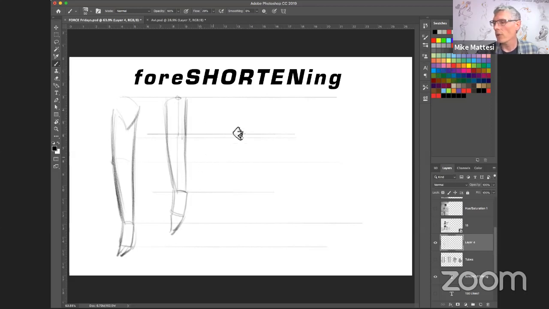Now, I don't even have the reference of the body here, right? But if I did, that would make it even more clear because I would have something to relate to. So I can now say, I'm going to put the elbow here and I'm going to put, let's say, the wrist where this is, and start drawing this arm.